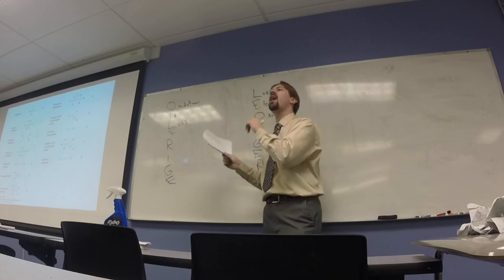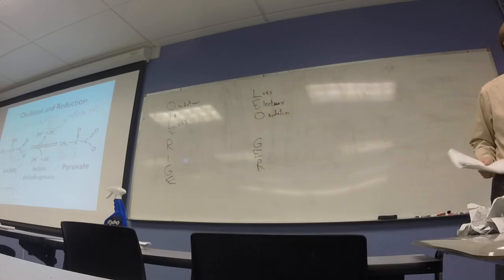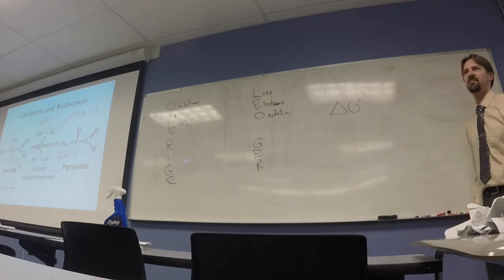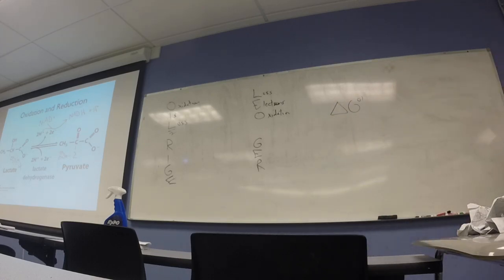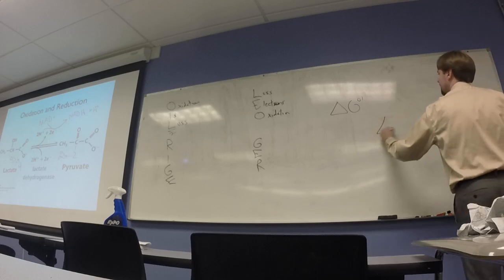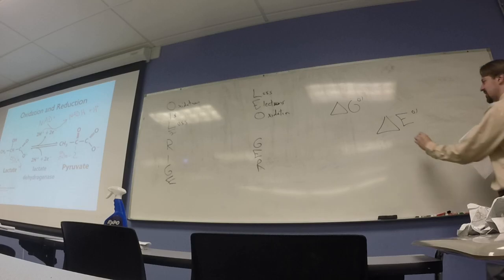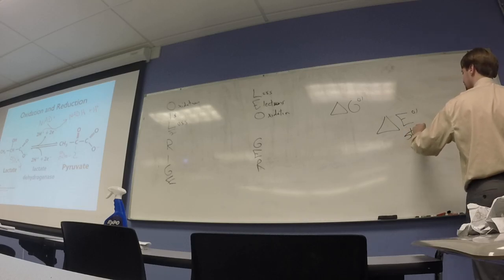When there are redox reactions, instead of giving you a nice convenient delta G, if you look up a redox reaction online, they will instead give you a delta E, which is the standard reduction potential.